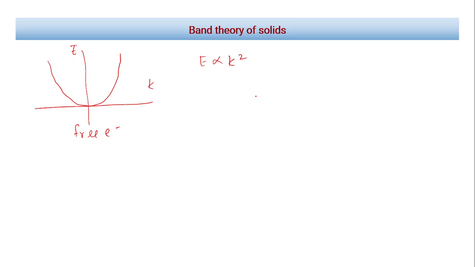Whereas for nearly free electrons, the E versus k diagram changes.